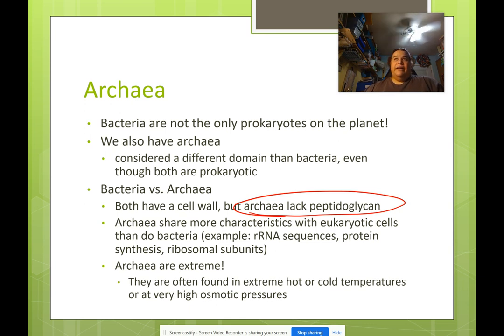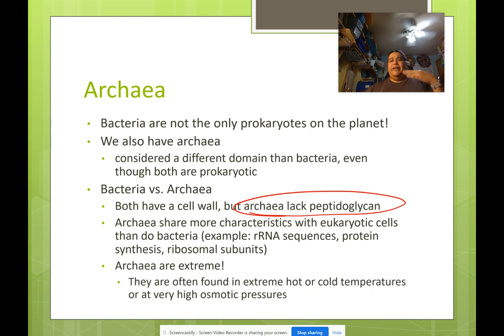Something else. Archaea are the extremophiles. They are not found in dirty dishes. They're not found in an infected wound. They're found at extremely hot or cold temperatures, extremely acidic pH, or extremely basic pH.